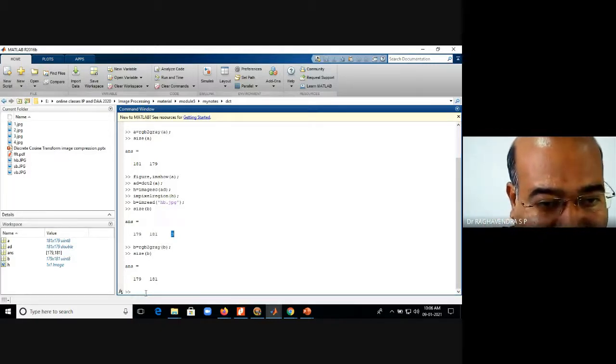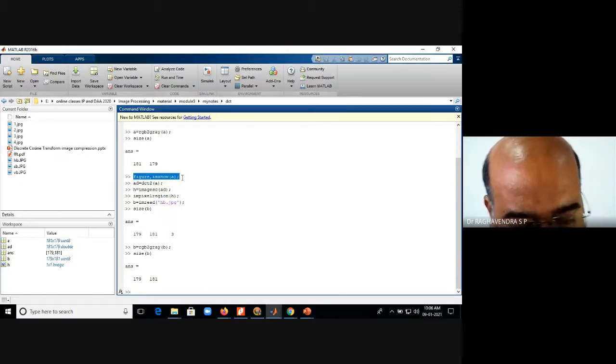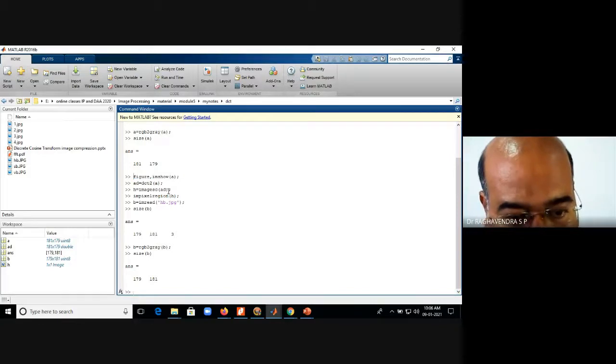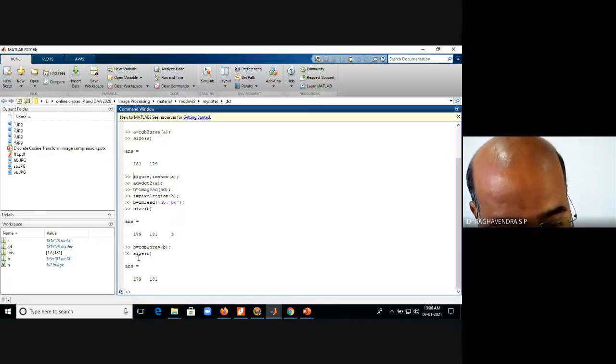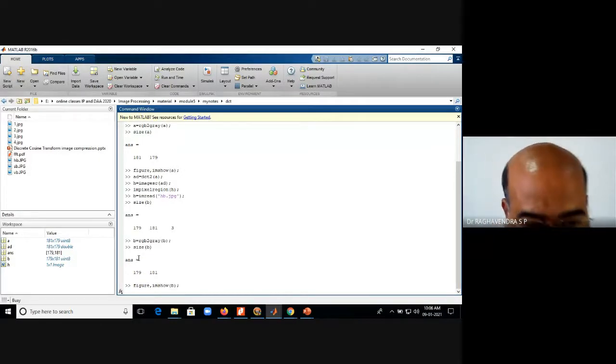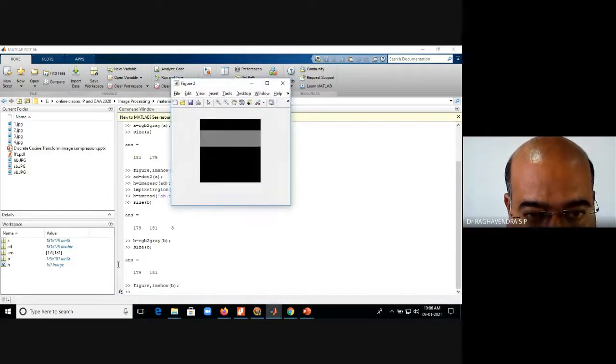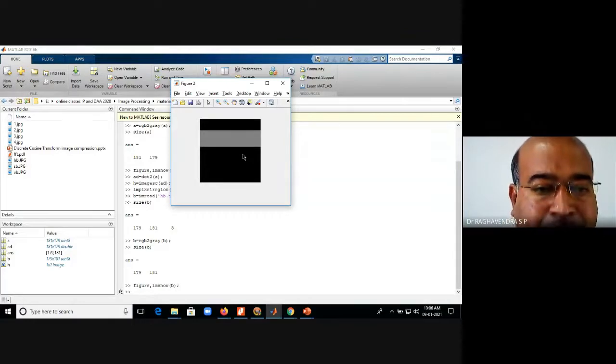Now once again we will see how this image looks. Now you can see this is an image where we can see only horizontal bars, no vertical bars.